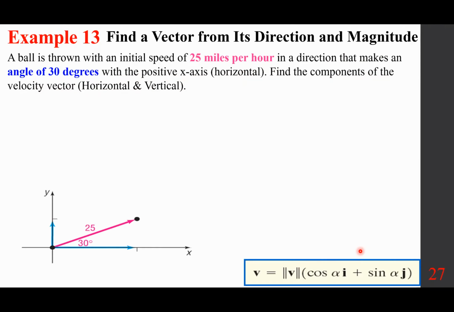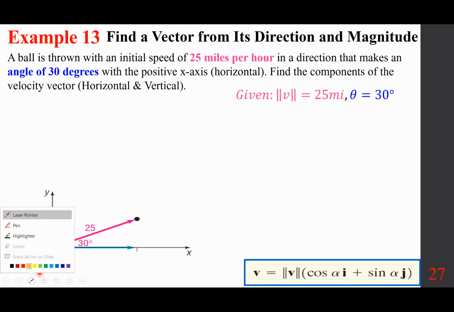So here's how it looks. We are going to make a 30-degree angle and have an initial speed of 25 miles per hour. So we write the magnitude is 25 miles, theta is 30 degrees, theta, alpha, you name it. Perhaps alpha, either way is fine. Not that it makes much of a difference, but you can say alpha if you want.